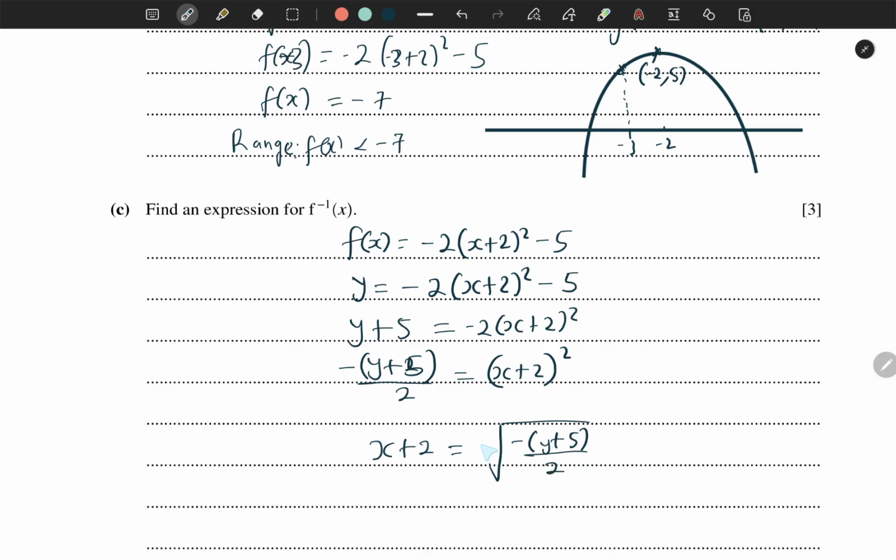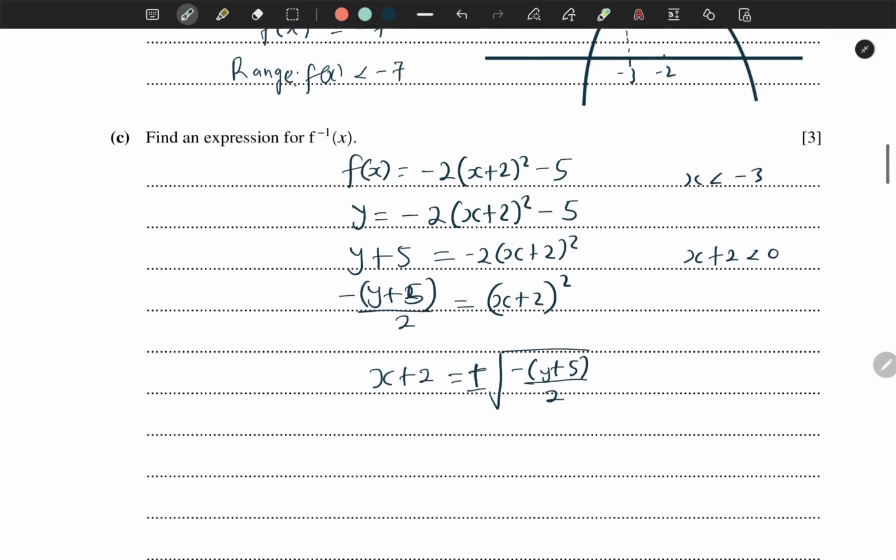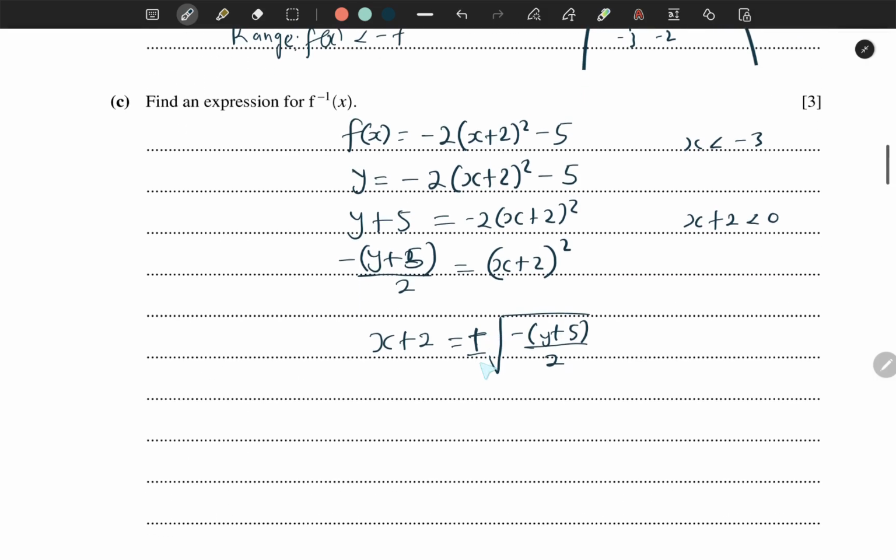Anytime you are taking the square root, you must include plus or minus. But remember, the domain is given to be x less than minus 3. And for x to be less than minus 3, it means that x plus 2 must be less than 0. That's what it means. So what are we going to do here? We choose plus or negative. Since x plus 2 is negative, then the right hand side here must also be negative.